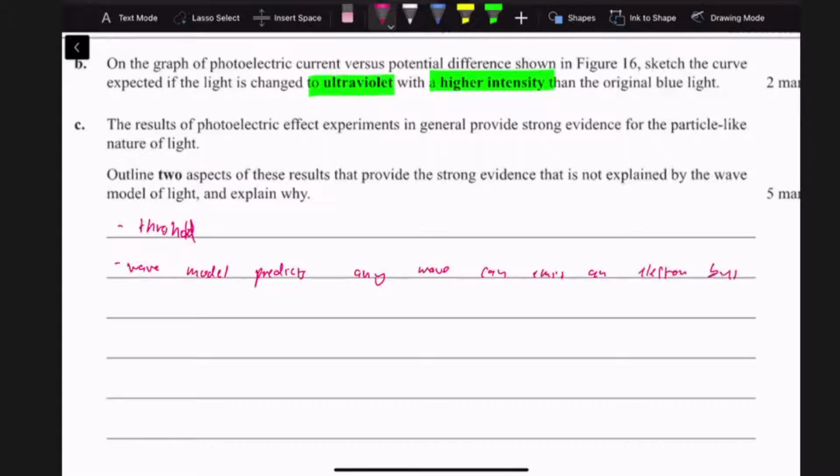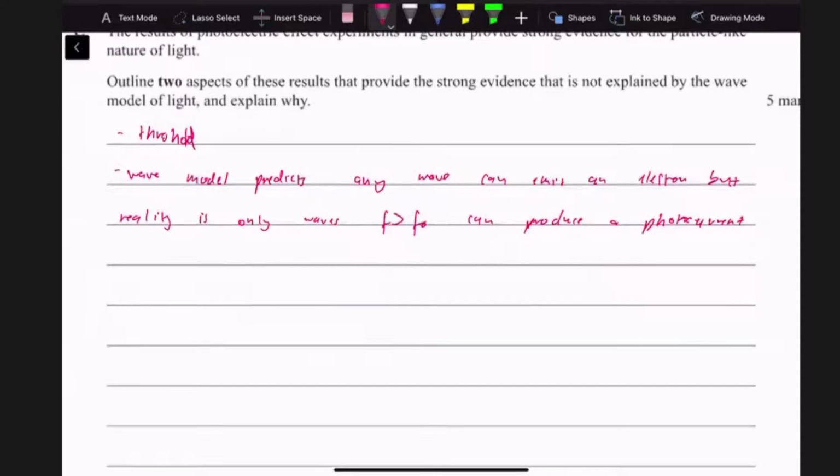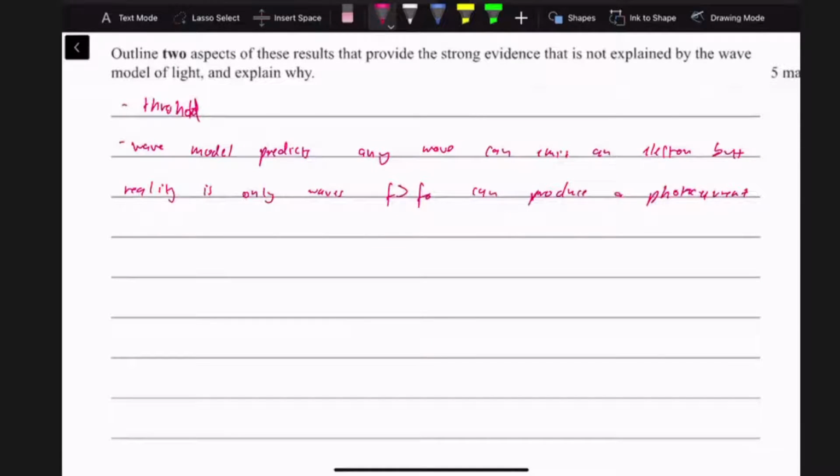And then talk about what the reality is. So I wrote what reality is: only waves with frequency higher than the threshold frequency can produce a photocurrent. Producing a photocurrent means ejecting an electron, but I just didn't want to repeat the same thing.